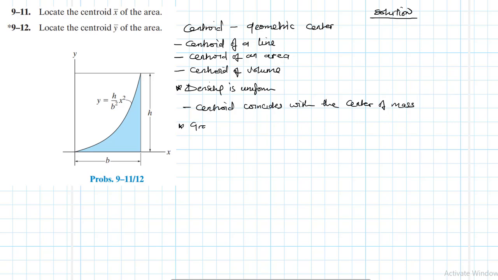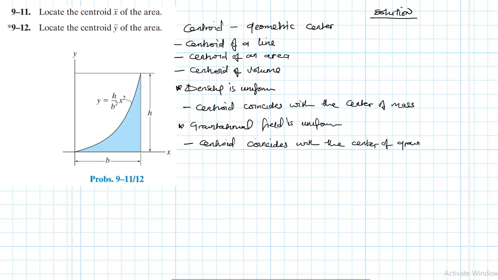And when the gravitational field is uniform, then the centroid coincides with the center of gravity. Okay, so this is basically about it.